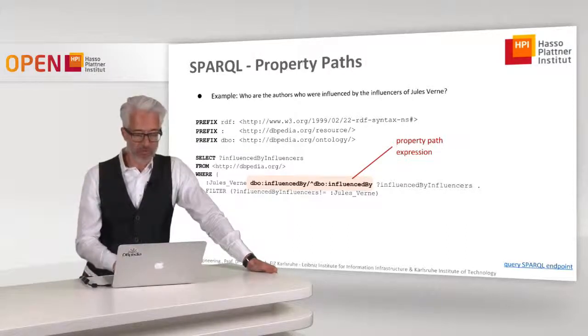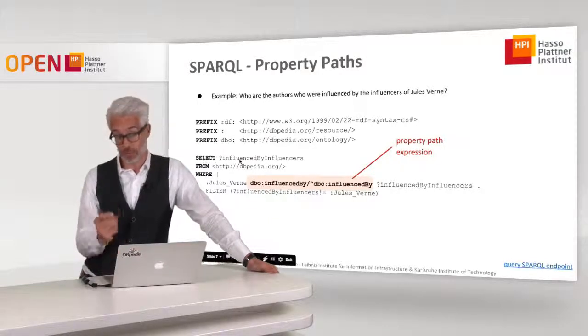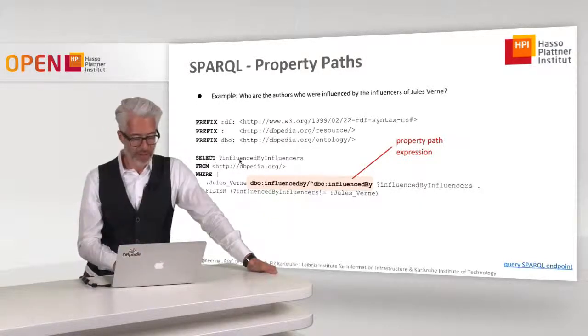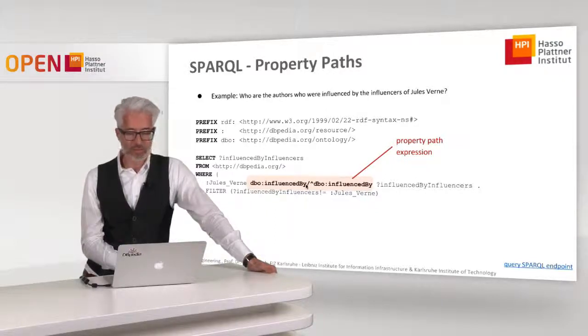Let's have a look at the query here. So we want to select those who are influenced by the influences. Therefore, we also name the variable in that way, from DBpedia where. So first of all, Jules Verne should be influenced by somebody. And now we are looking for those who have been influenced by that one. So influenced by influencers.